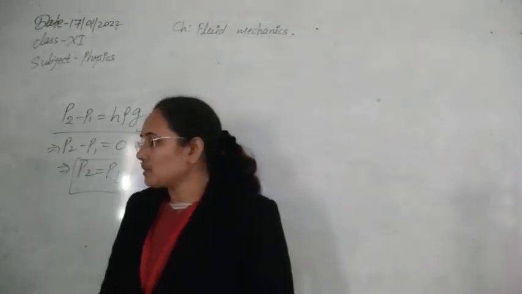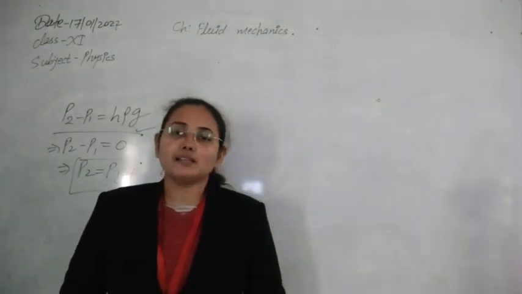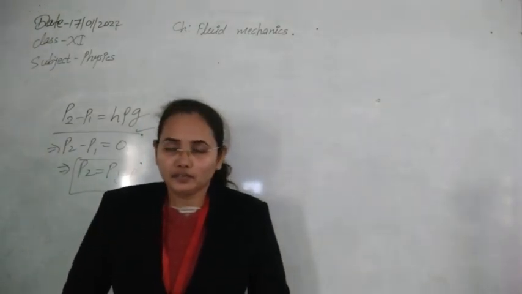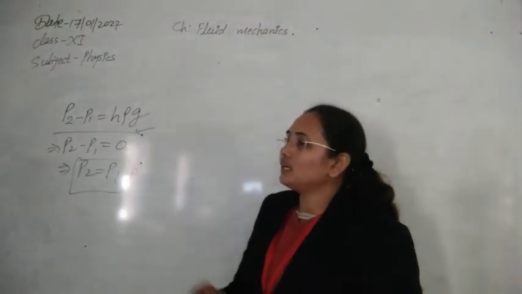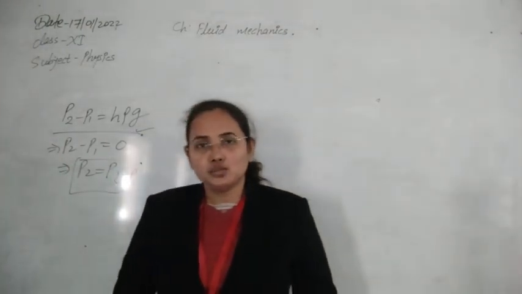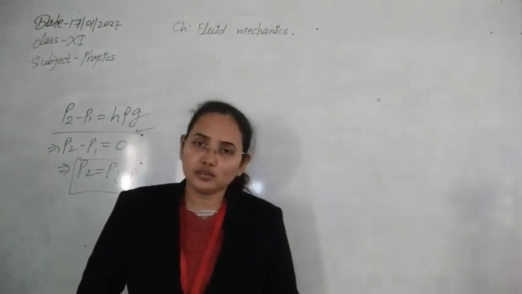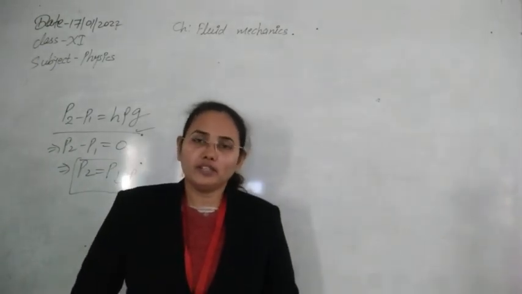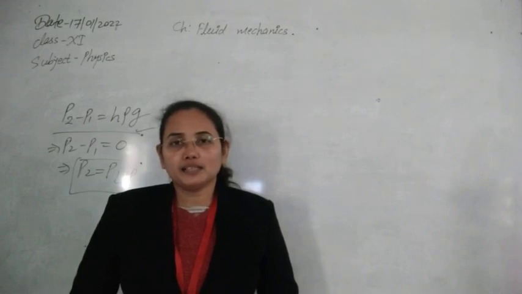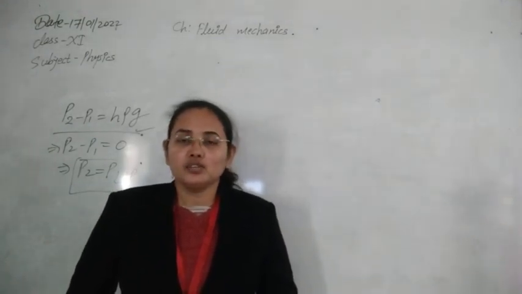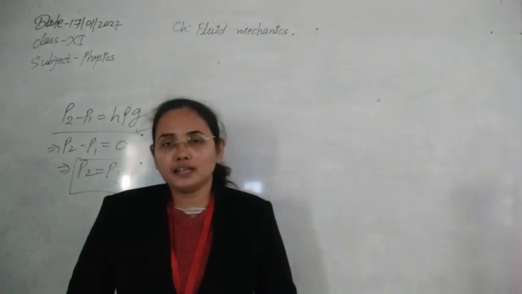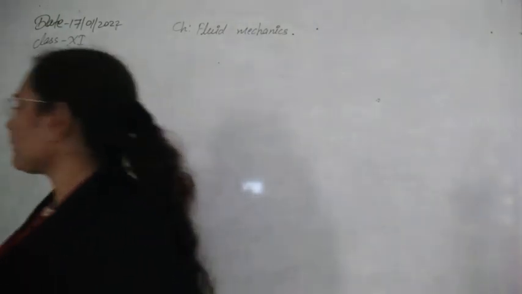This is Pascal's law, whose application we use in our daily life. One more thing: to use Pascal's law, the liquid should be an ideal liquid. An ideal liquid, you know, is incompressible and non-viscous. These are the properties an ideal liquid always has.